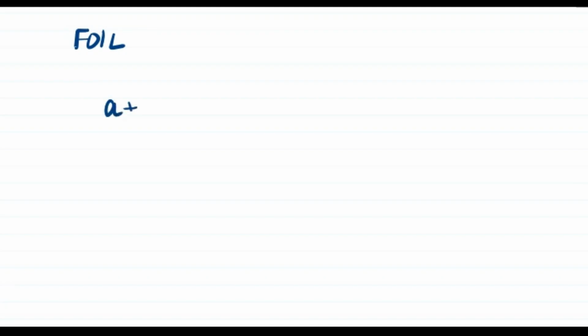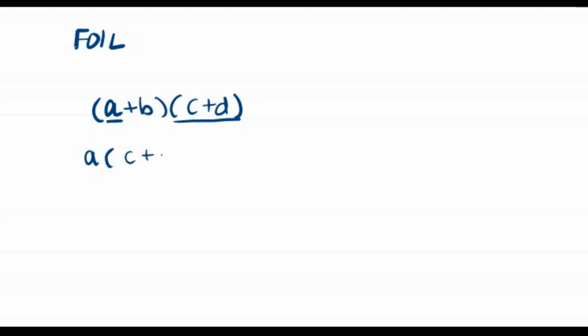If we had the same bracket, A plus B and then C plus D, I say take the first term of the first bracket, A, and the whole of the second bracket, C plus D. This is followed by the second term of the first bracket, which is plus B. Here the trick is we have to take it along with its sign, otherwise you'll go wrong somewhere.